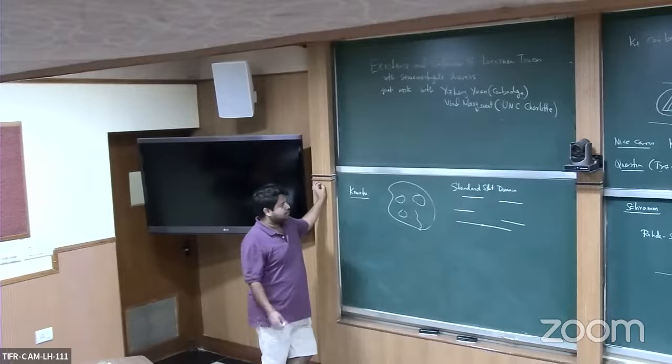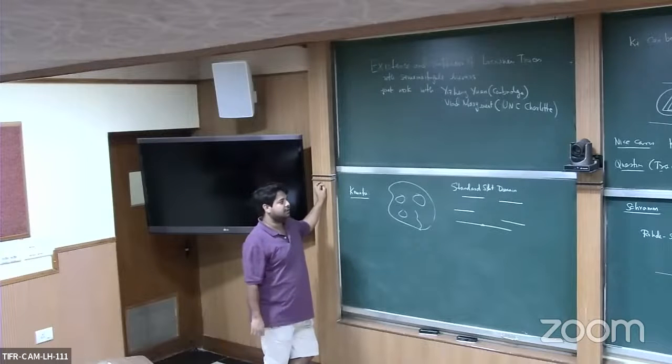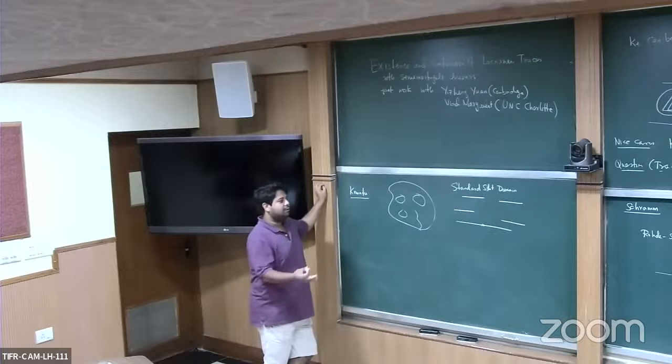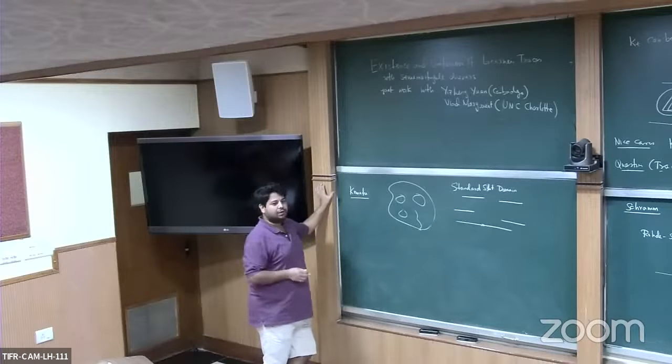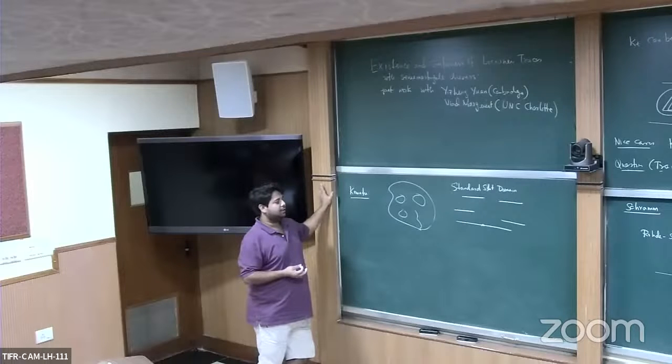What you do have is some kind of generalization, which says that two domains can be mapped to each other via conformal maps if and only if they have the same type. Right now, I'm very loose in saying what type means. But as an example, consider the case of an annulus.